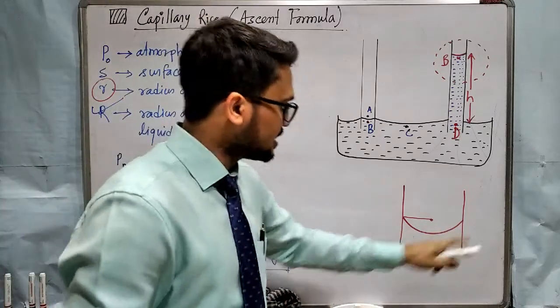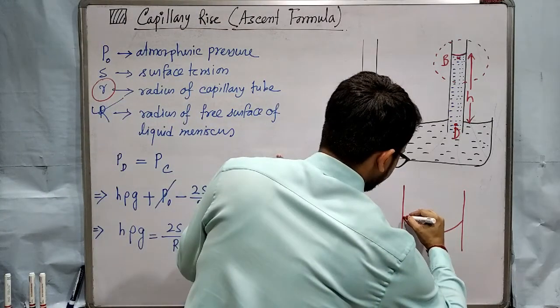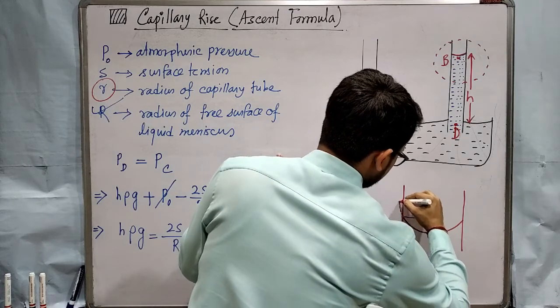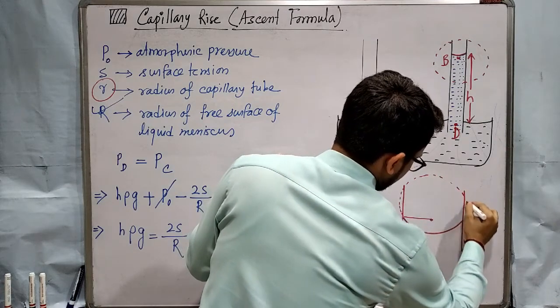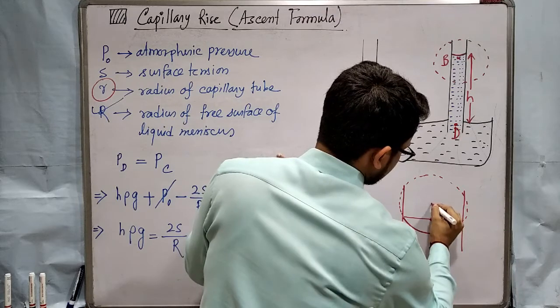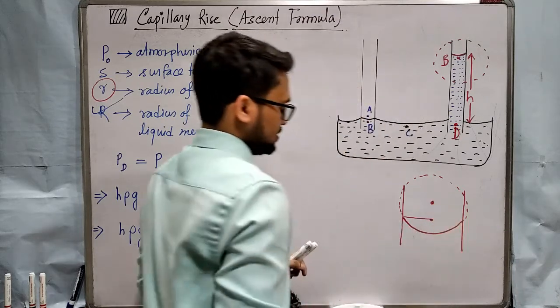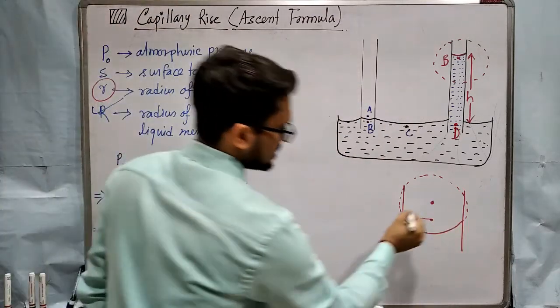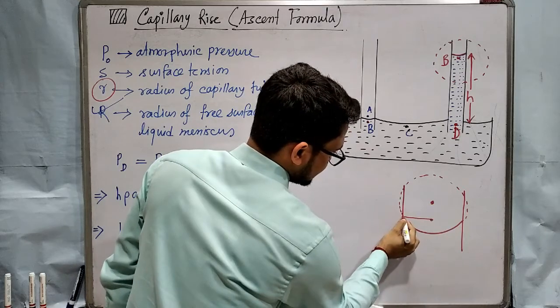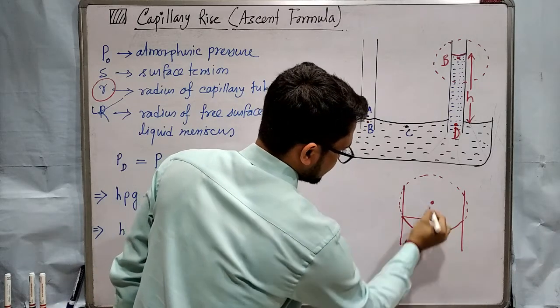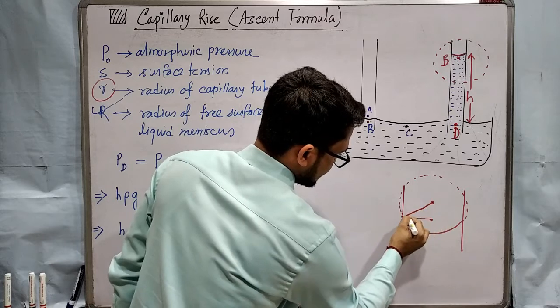So in the same way here we will draw a sphere. Suppose this is a sphere, and this is the radius, and a center of curvature. This is one point on the sphere, so join these two points.